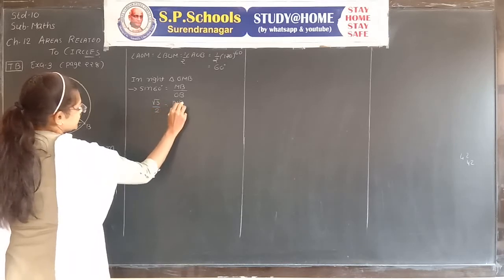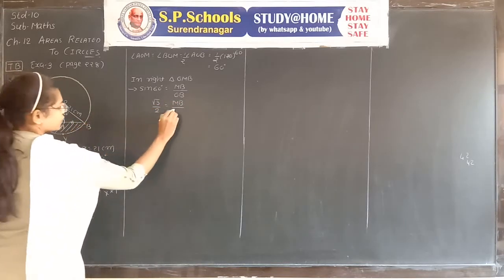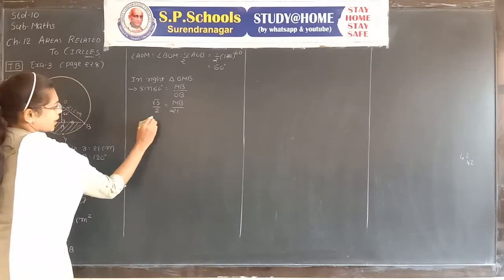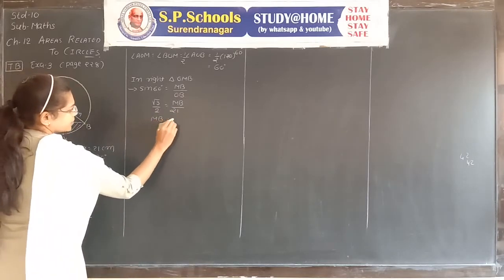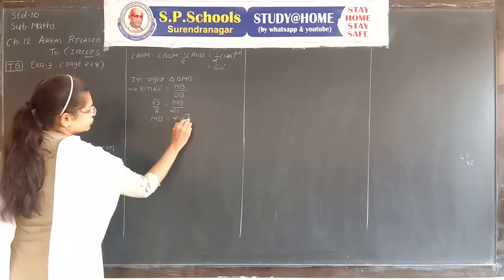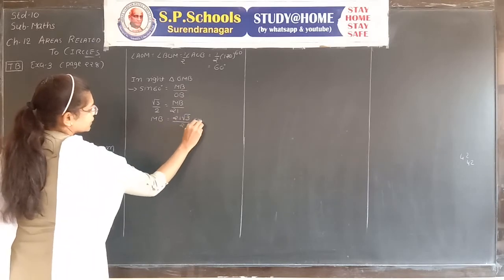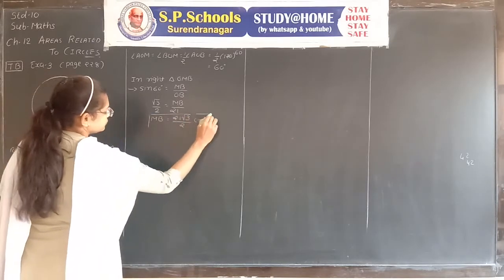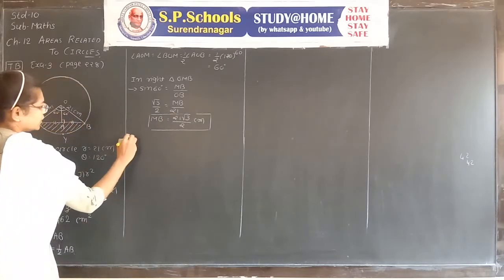MB remains as it is and OB is the radius of the circle, 21. By making MB the subject, MB is equal to 21 root 3 upon 2 centimeter. MB is obtained here.